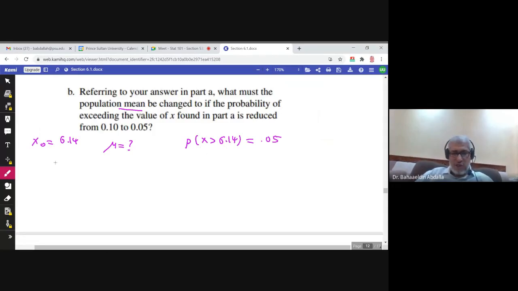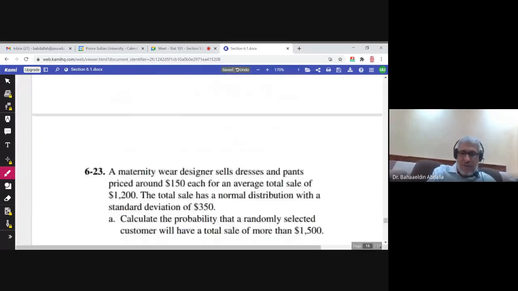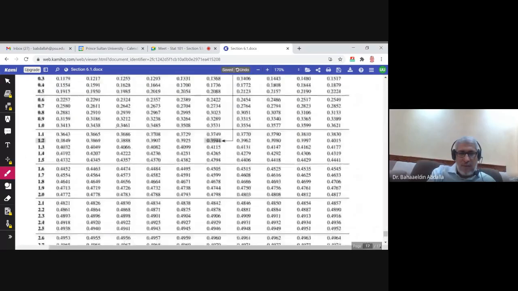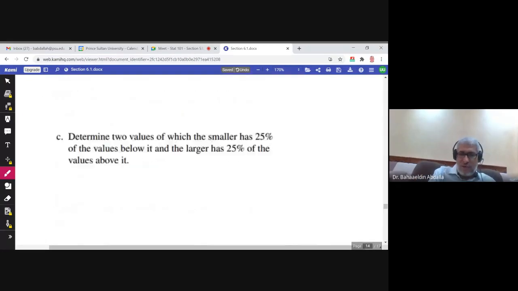Good. So we change it to Z. And of course, Z0 is a number here, positive, because this area is a small area, 5%. I have to deal with this area, which is 0.45. So I go to the table and search for 0.45. Yeah, this is the one, 1.645.